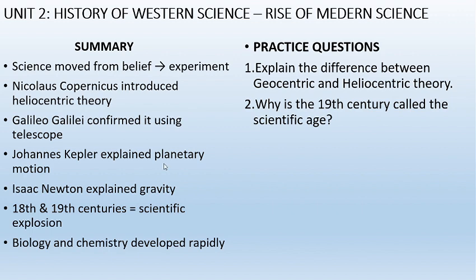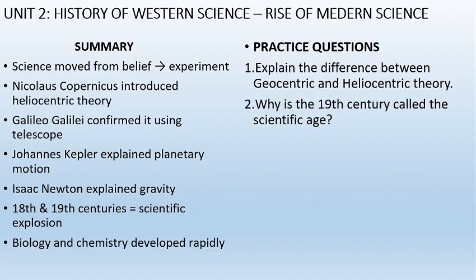So Nicholas Copernicus was the one that introduced the heliocentric theory. Then Galileo confirmed it using a telescope. He was able to use telescopes to confirm what Copernicus introduced.